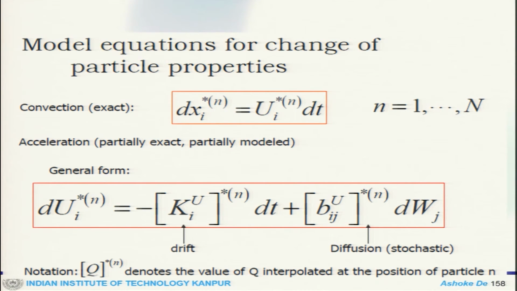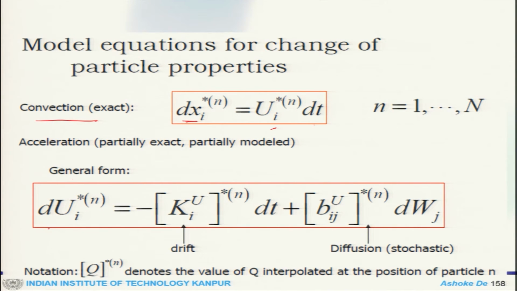Now, the model equation for change of particle properties. First, there would be convection of the particles, so the displacement can be estimated for an individual particle as ui dt. Then we have the acceleration part, which is partially exact and partially modeled.